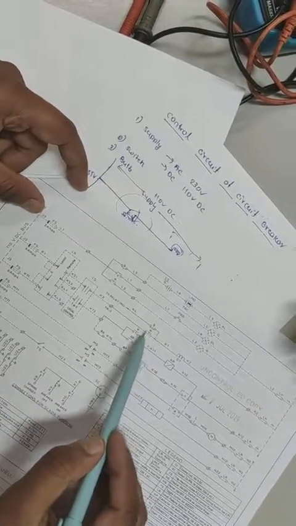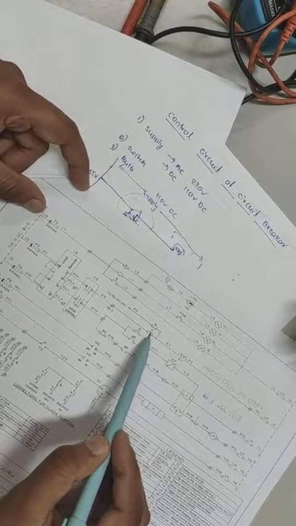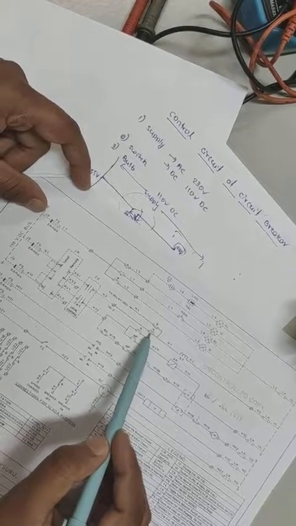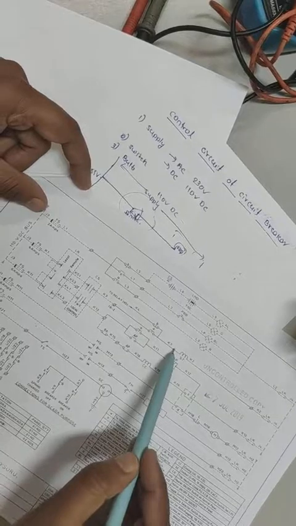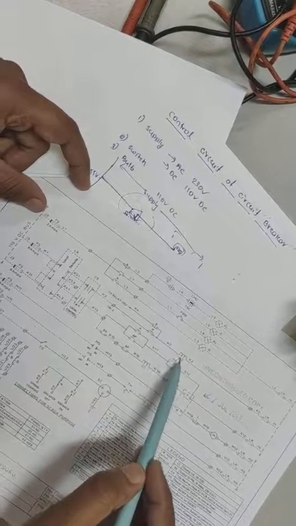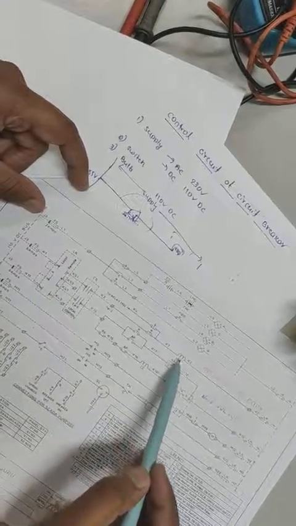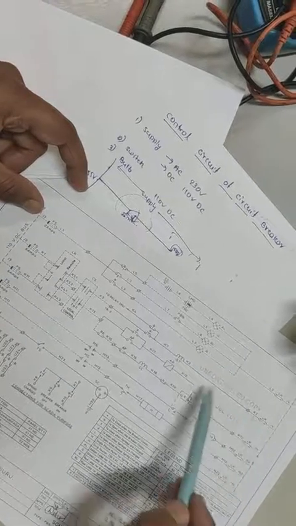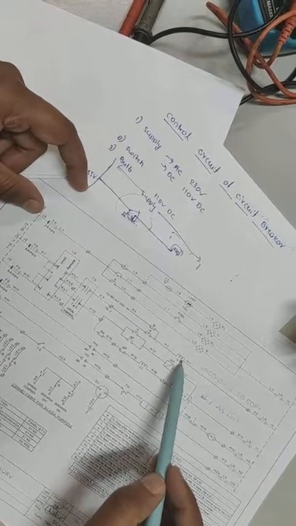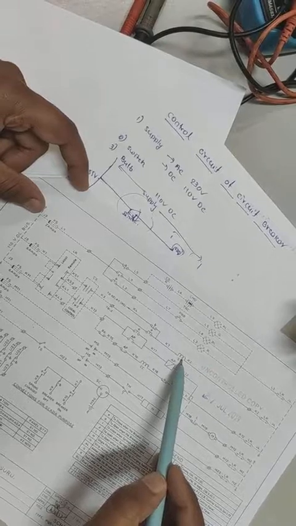If the breaker is in closed condition, this A contact will be closed, NC. Hence the command extends to the shunt trip, this tripping coil. So the tripping coil will get energized and the breaker will trip.